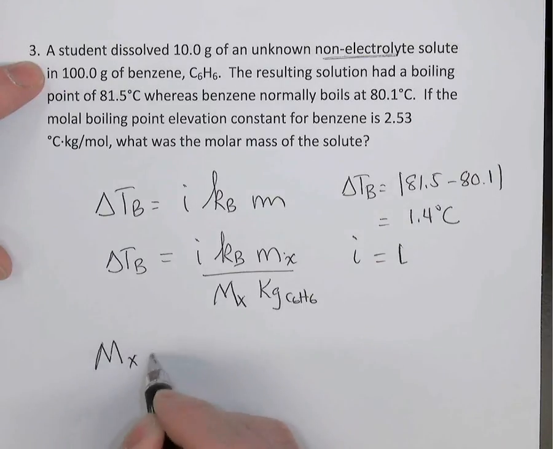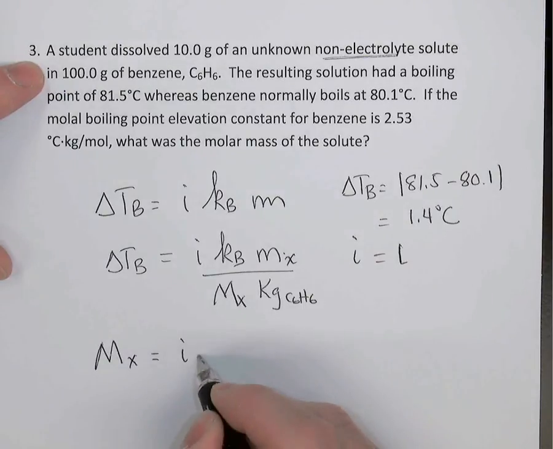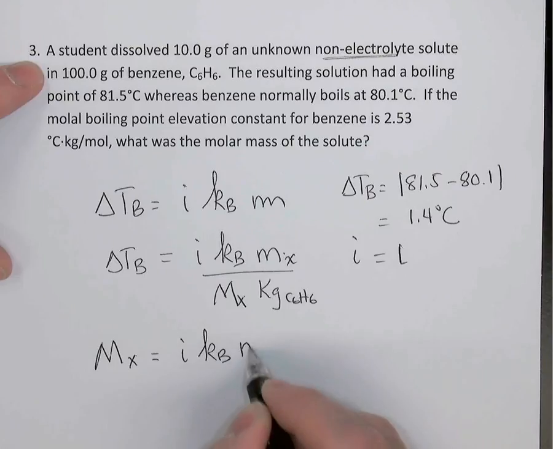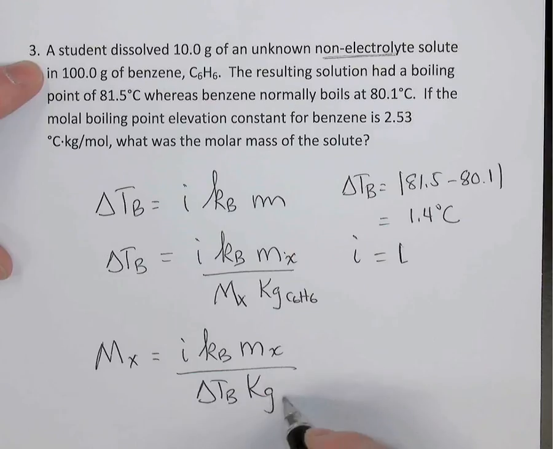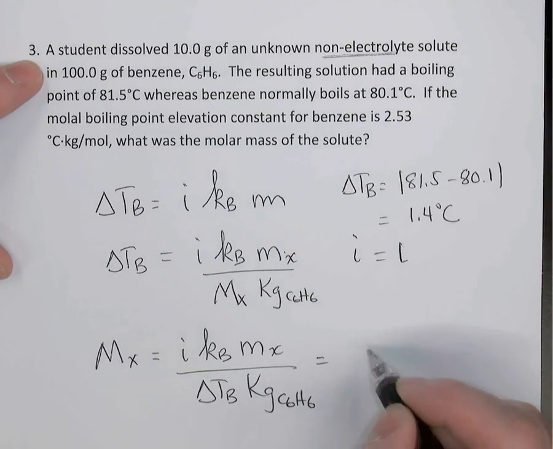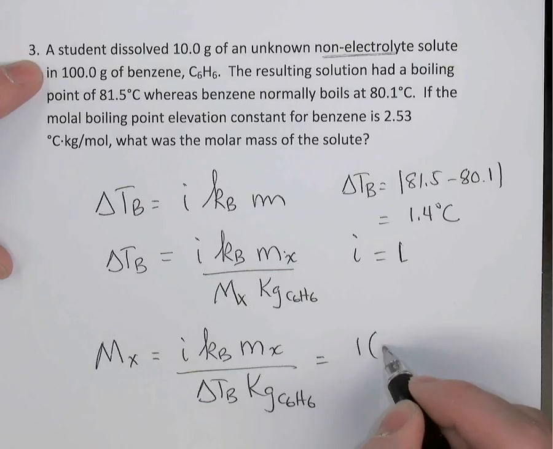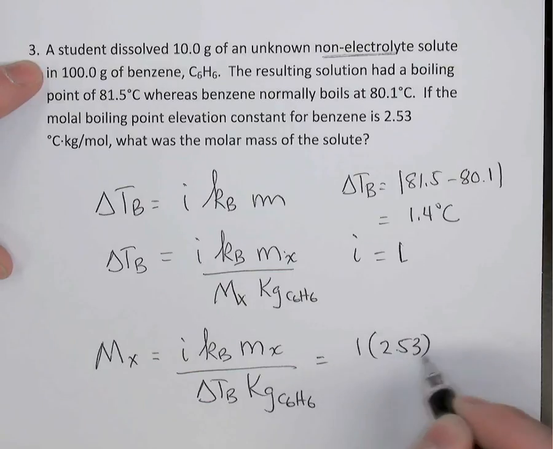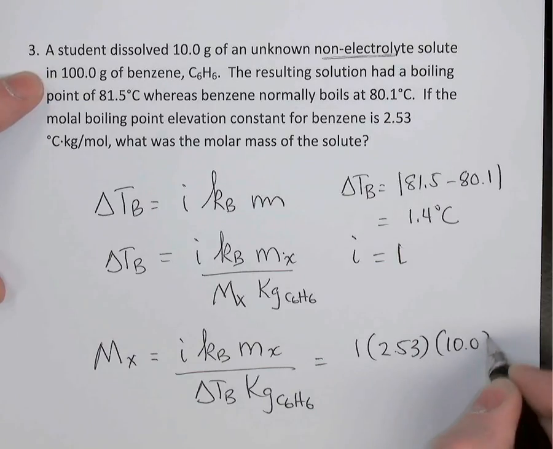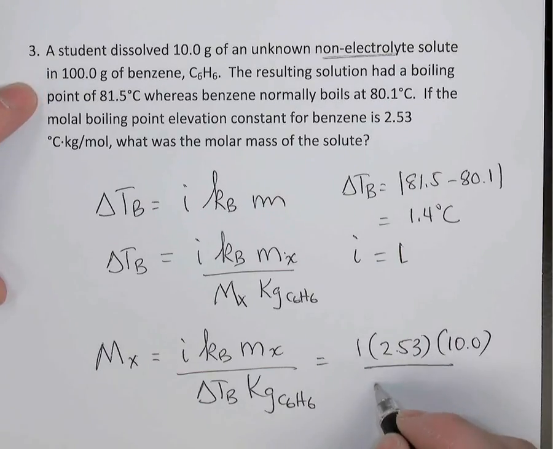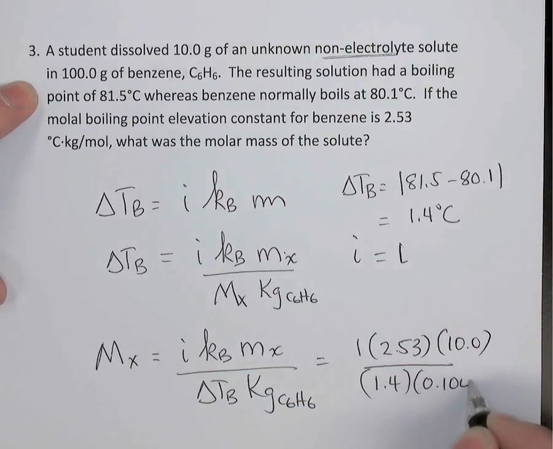The molar mass will equal I times Kb times the mass of the unknown divided by delta Tb and the kilograms of the solvent, C6H6, is equal to 1 times 2.53 times 10.0 divided by 1.4 and divided by 0.10.